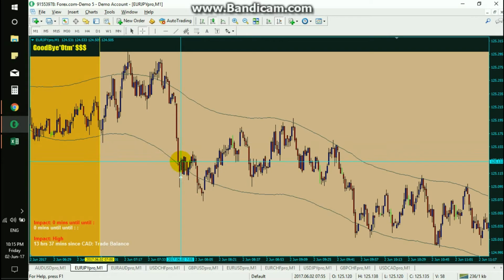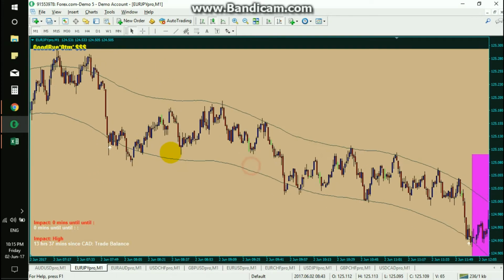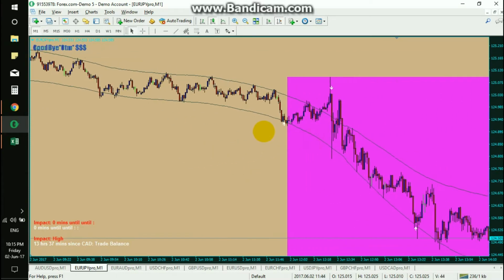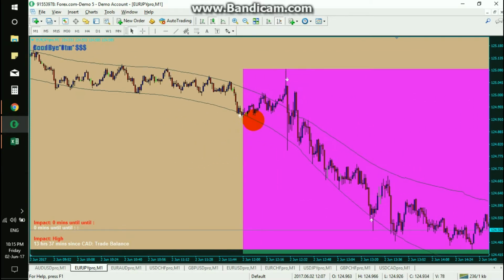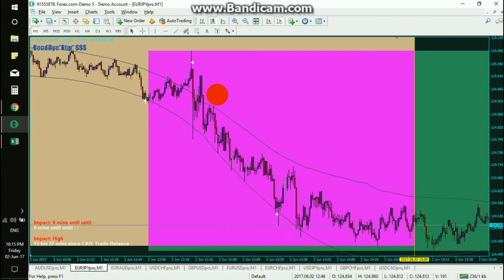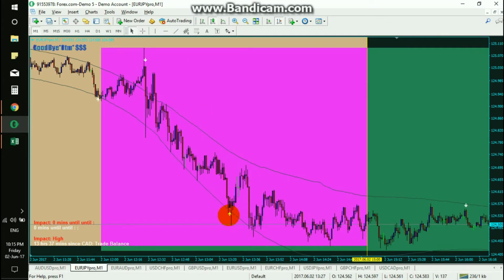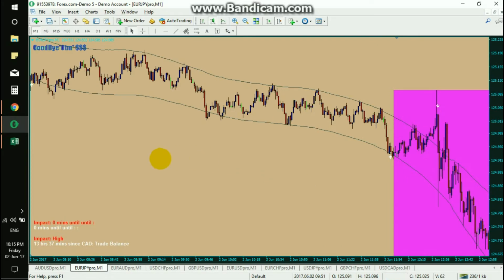So this would not be a valid signal to me, because the price is too much inside at the moment of the appearance of the arrow. So let's check over here, for example. Here is quite close, but still, even though it's an ITM, I wouldn't take this trade because I'm looking for something really reliable, and this one is also not a valid signal to me. So on Euro JPY there was nothing going on.